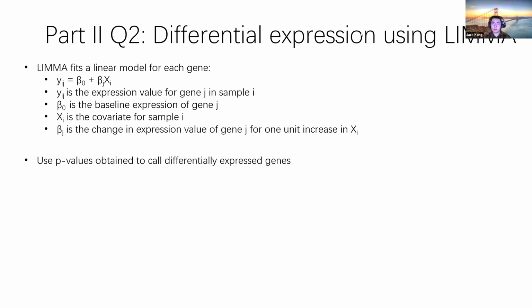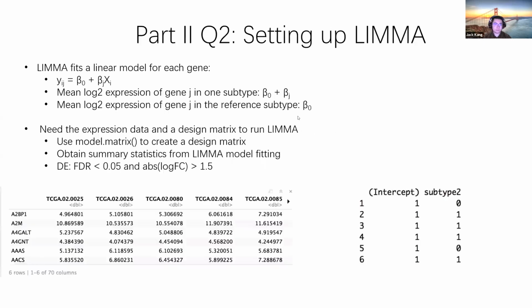Another thing is that the methylation data is a fraction from 0 to 1, but limma takes values from negative infinity to infinity. So you need to first logit transform the methylation data so it ranges from minus infinity to infinity. You can really just search online how to do a logit transformation.